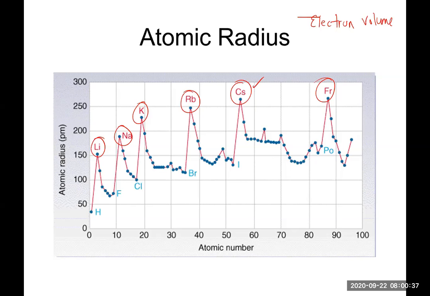And as we increase the atomic number, we are adding 1 electron and 1 proton with every increase of 1 in the atomic number. That means that we're adding a positive charge and a negative charge.